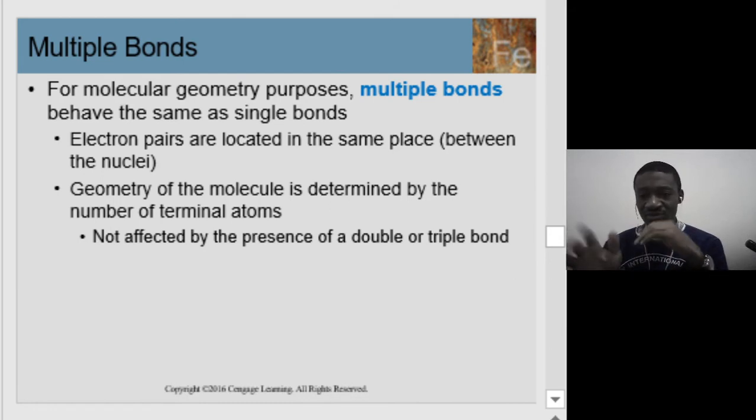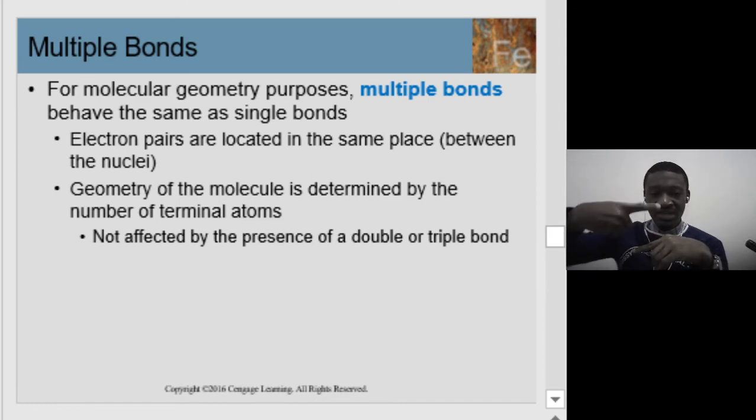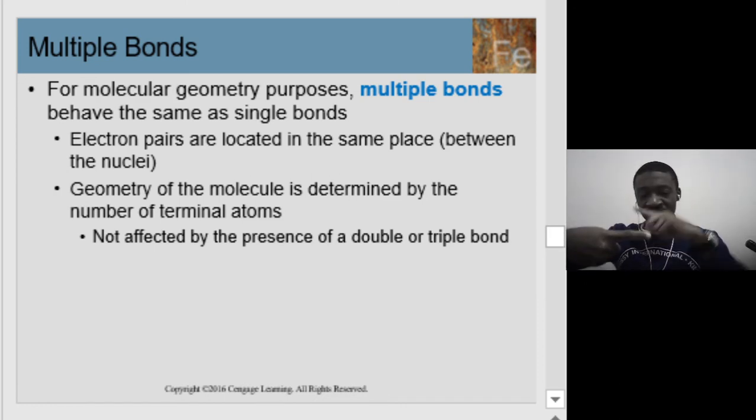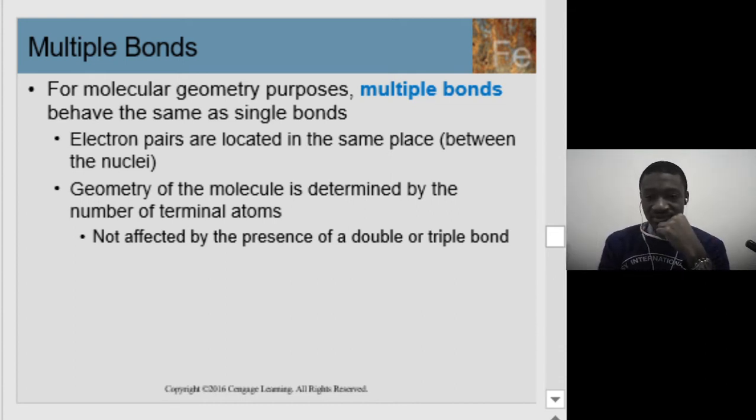So multiple bonds, as the name implies, means that normally you have one bond, but you can have another on top of this, so the bond order can be 2 or 3 bonds. That's multiple. For molecular geometry purposes, multiple bonds are treated the same as single bonds.